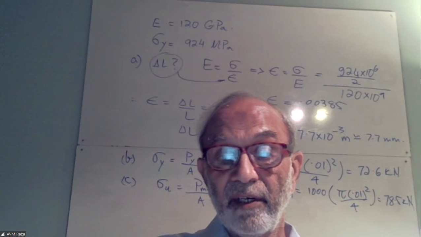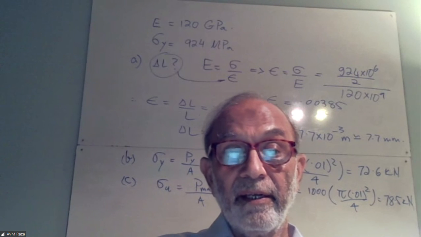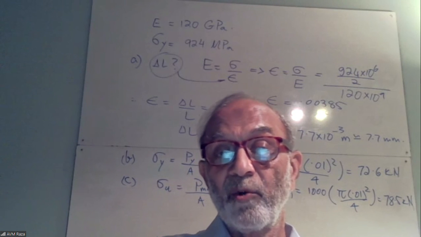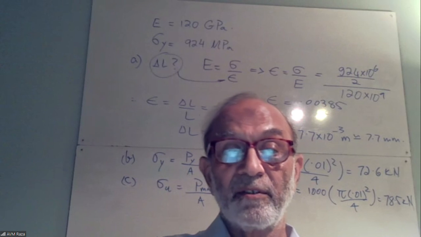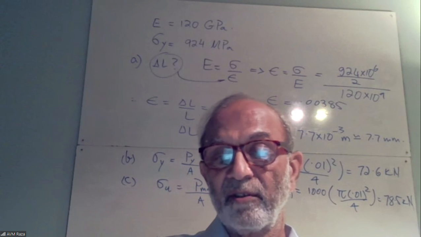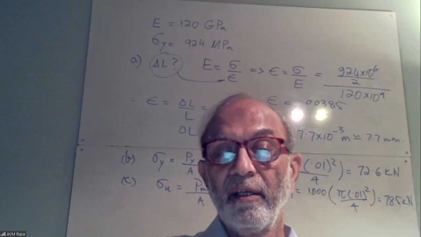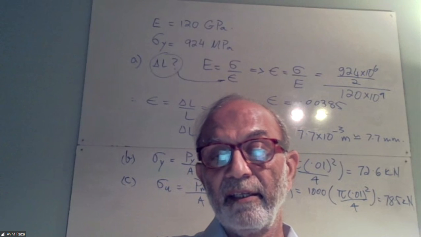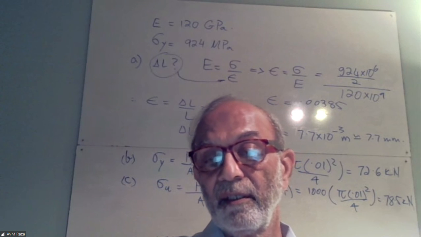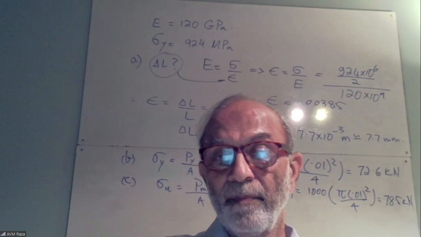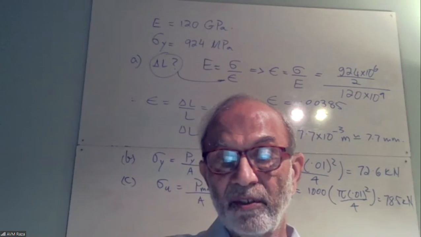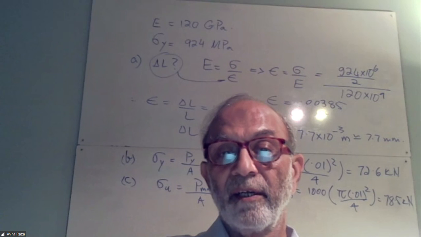That's the wire AB. If the wire has a diameter of 0.2 inches, determine how much it stretches when the distributed load acts on the strut. So you want to find the delta L in AB. You can try it at home and find the solution. The answer is given in the book.